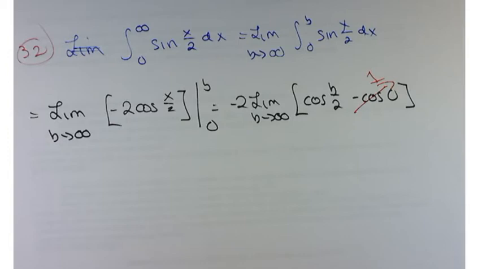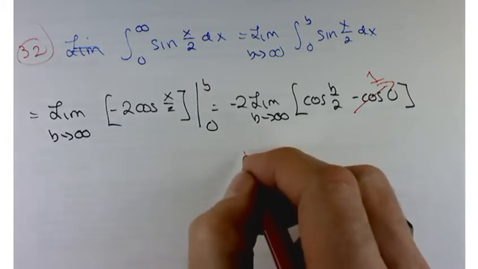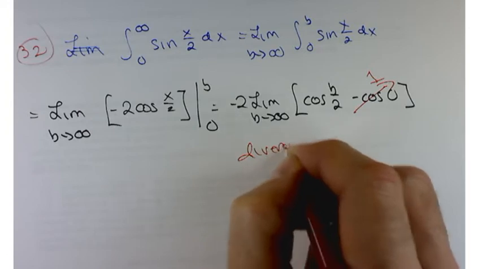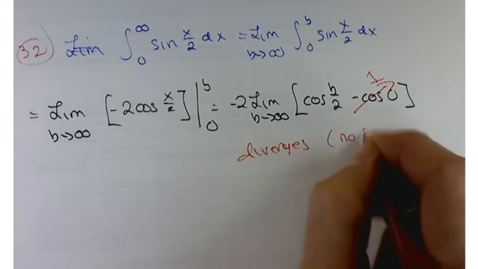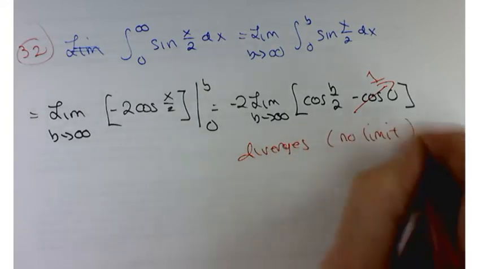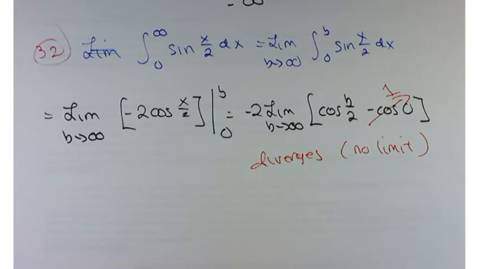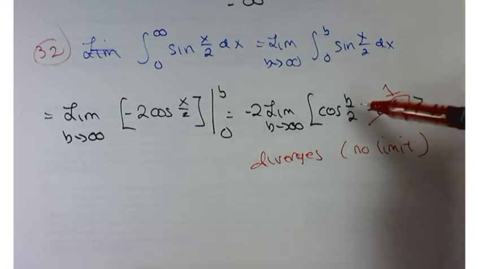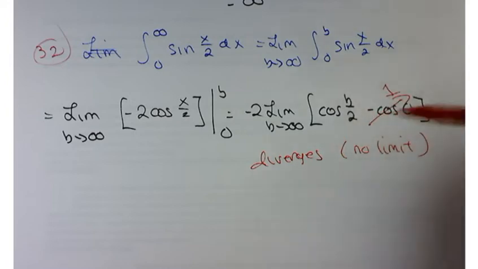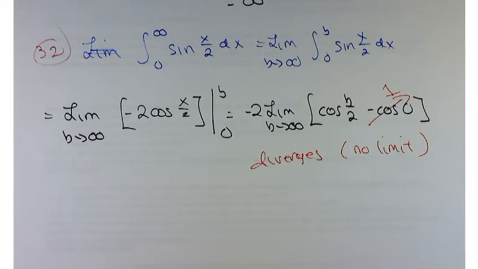It diverges. So our calculus here is reflecting what we saw: the limit just doesn't go anywhere. It just keeps on bouncing up and down and never really settles down to anything in particular.